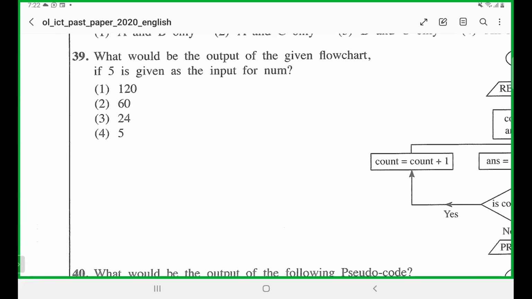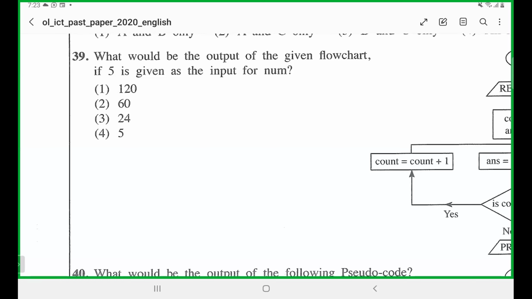I have explained the way, so you can get the answer. If you have this type of question, it's better to write it down.